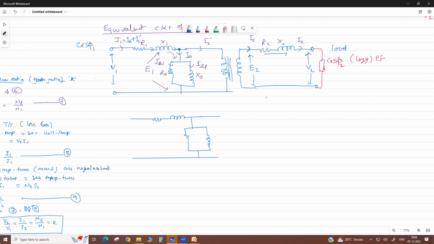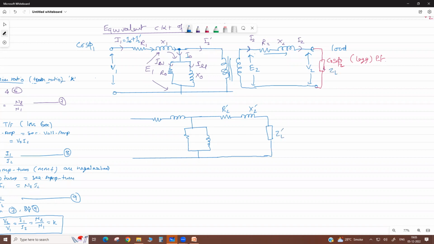Now see, if you transfer this data, it becomes R2 dash, then X2 dash. Dash means referred to the primary side. Then this load impedance we have also transferred, no? So it becomes ZL dash. Here it is ZL only.